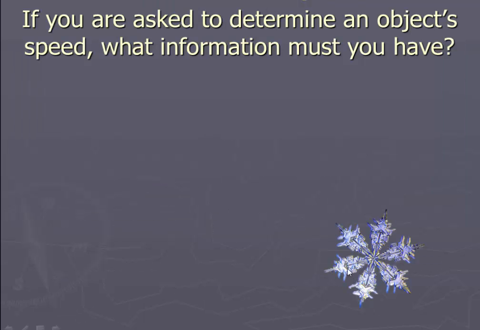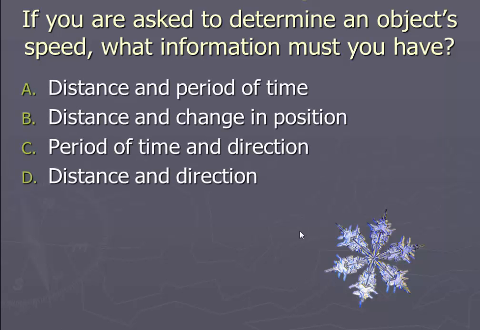So if you were asked to determine an object's speed, what information must you have? Must you have the distance and period of time, distance and change of position, period of time and direction, or distance and direction?